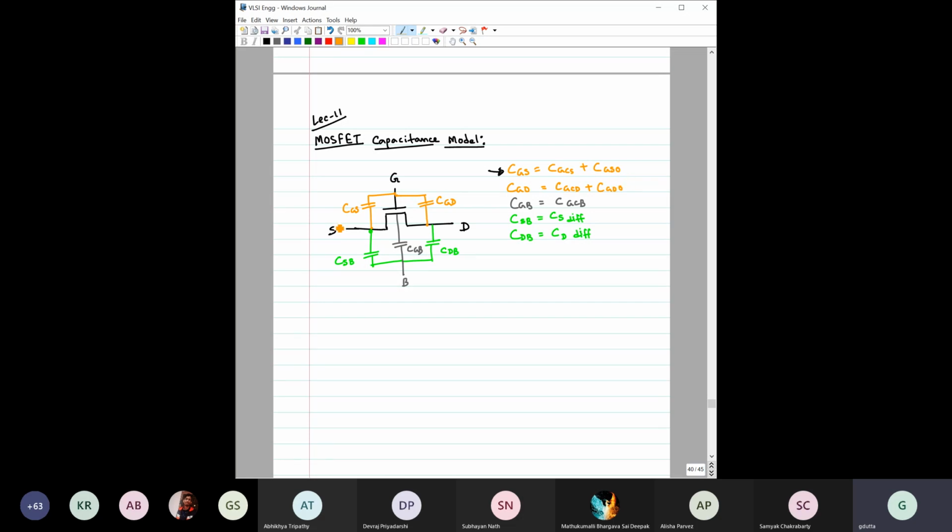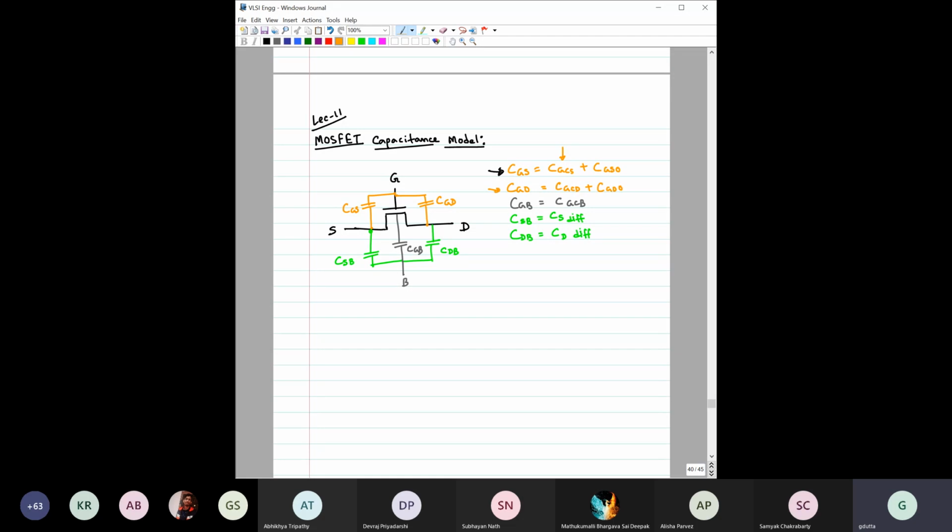There cannot be any other capacitances between the gate and source terminal, so I hope you agree that the gate to source capacitance would be represented like this. And we individually know the value for the different regions of operation for this as well as for this. The overlap capacitance is independent of the biasing condition, but the CGS is dependent on the biasing condition.